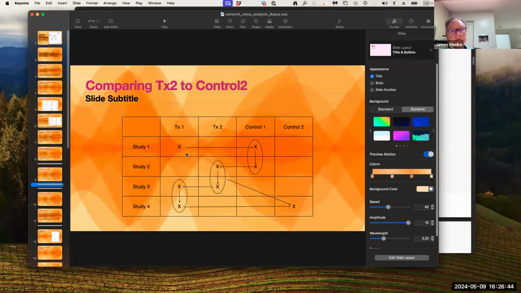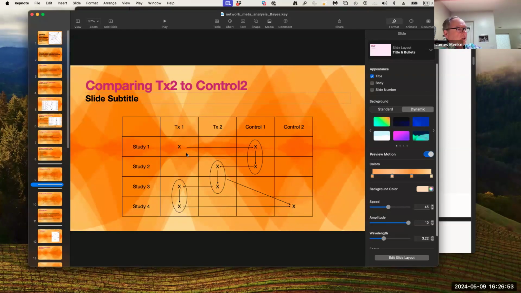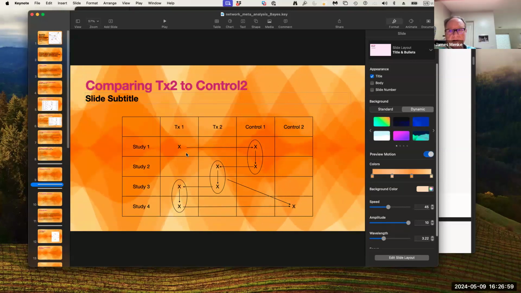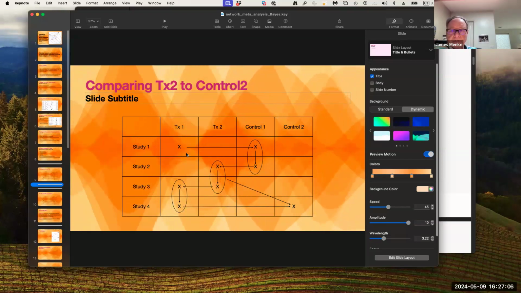Just to throw a wrench in it, now that you get it, the control groups are not going to be comparable. They're going to be a random effect from the studies. You know, a study done in Alaska is different than a study done in Alabama because the subjects are different, the recruitment's different, the humidity is different. Who knows?